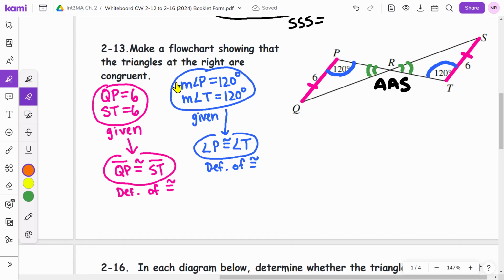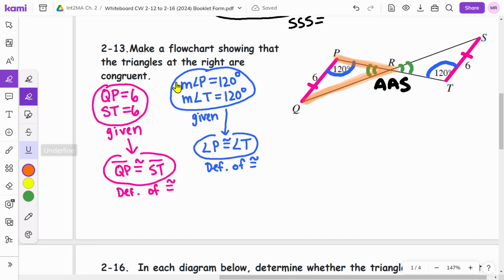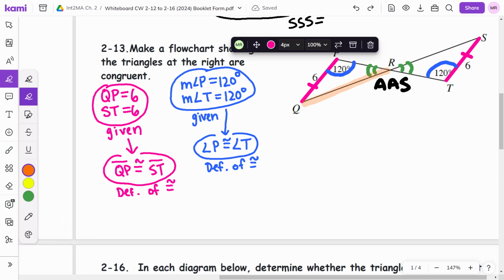So I can call this one PRQ. You can see as I was doing it, PRQ formed that angle there. I could also call that same angle QRP.